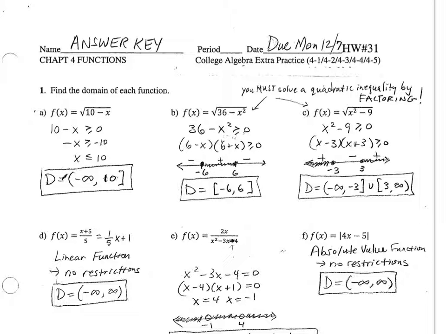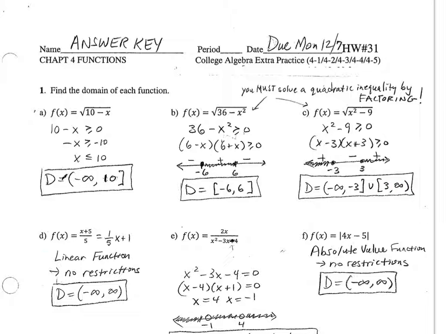And then testing something to the right of 3, like the number 4, will get you a positive times a positive, which is positive. Because what's under the radical must be greater than or equal to 0, we're shading the positives on this number line, giving the domain then in two chunks from -infinity to -3, union with 3 to infinity.